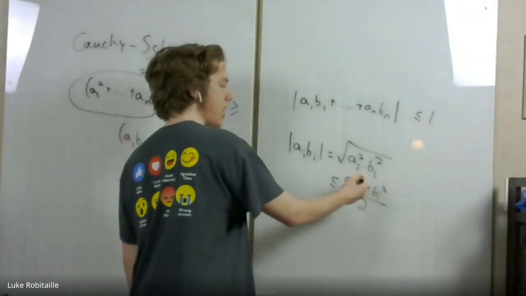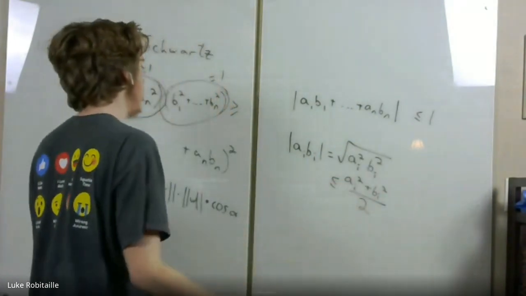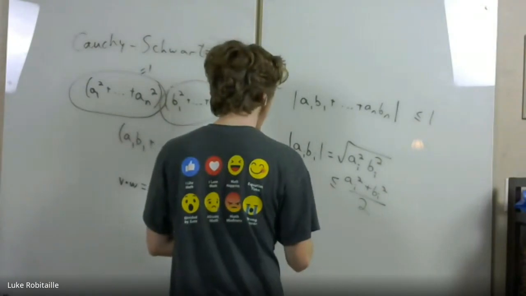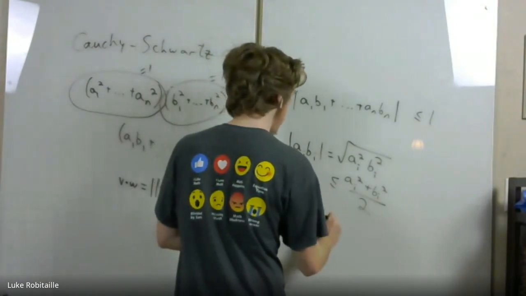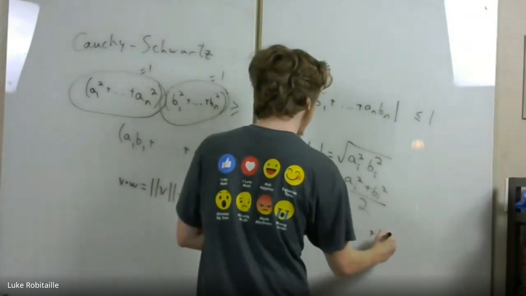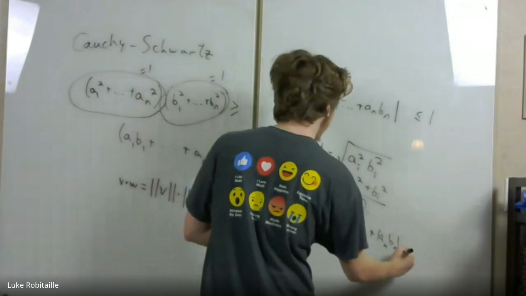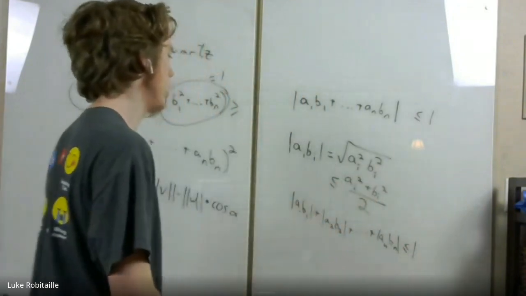Adding this up over all i, the a_i squared sum to 1, the b_i squared sum to 1, and you get 1 plus 1 over 2, which is 1.